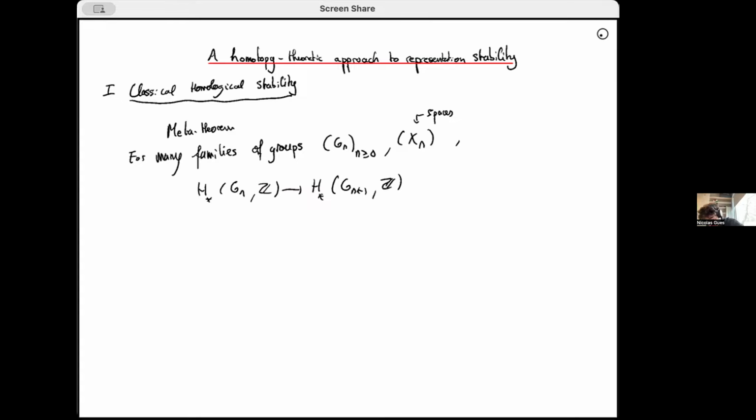And this happens to be an isomorphism if the homological degree is sufficiently low compared to n. So let's say this is an isomorphism if n is sufficiently big.